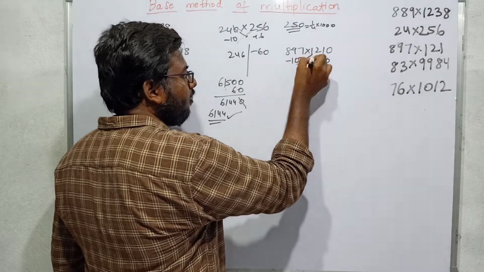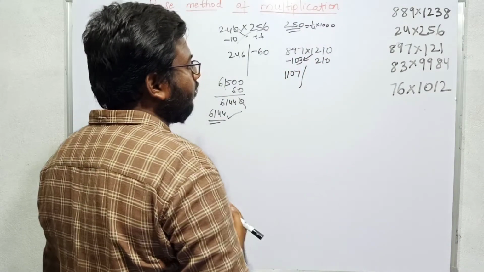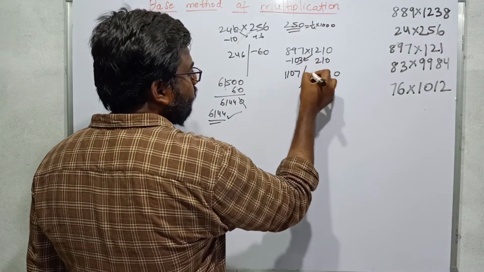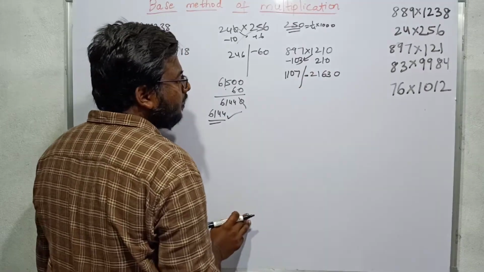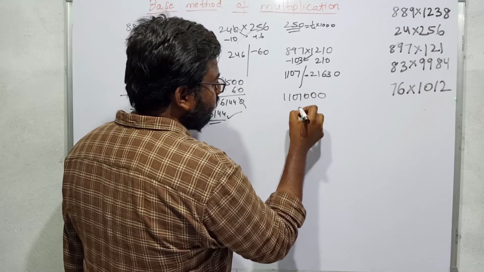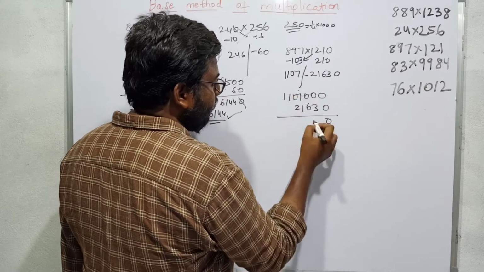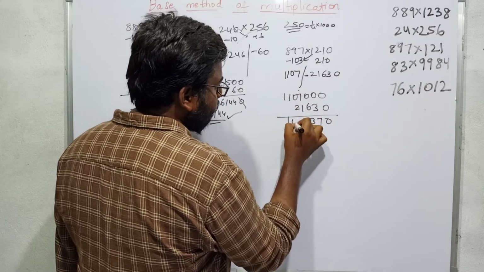If I operate on this number, this is 1107 slash, I have to calculate 103 into 21. This is 0. 21 into 3 is 63, 2, 1. This is a minus symbol. So it is calculated on base number 1000. So 1107 000 and 21630. Here 0. 100 minus 63 is 37. 6 minus 1 is 5. And this is 108.